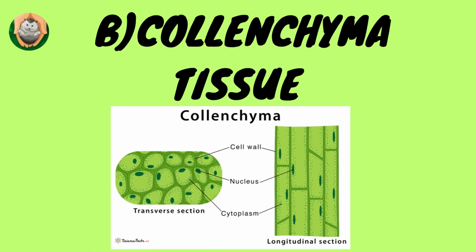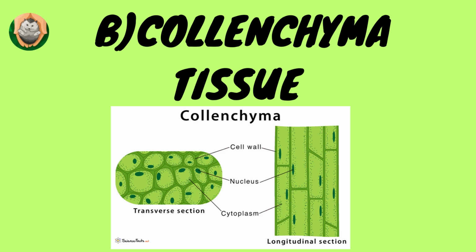In ground tissues, the second tissue we're going to talk about is collenchyma tissue. Collenchyma tissue consists of living cells. These can be seen under the epidermis of young stems and leaf veins. They give additional support as well as help to make structures. Further, they help with the flexibility of the plant stem.